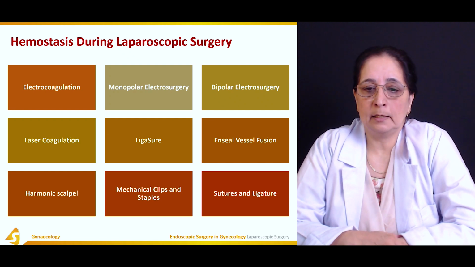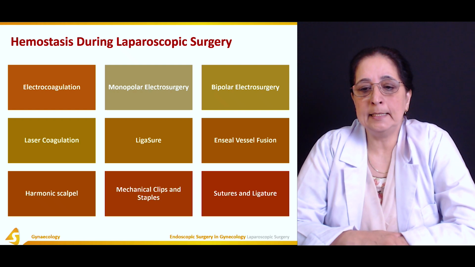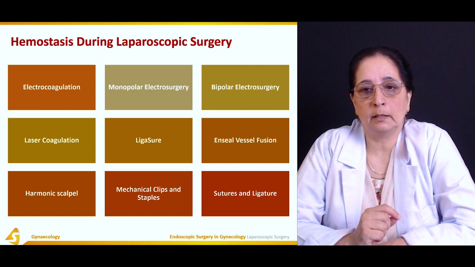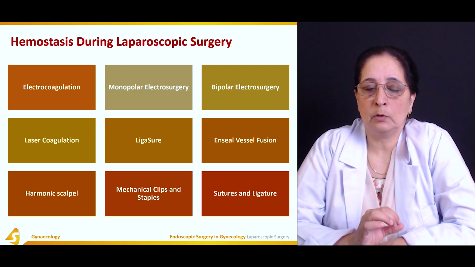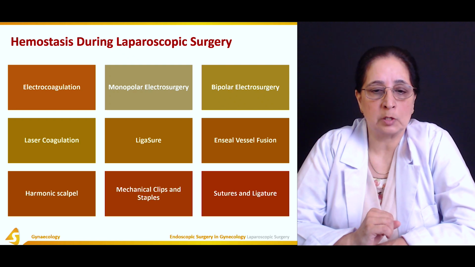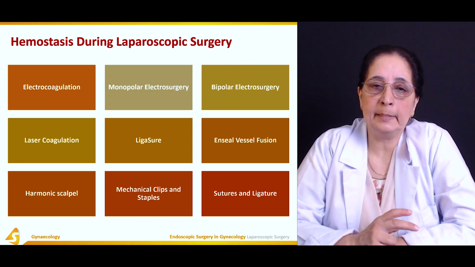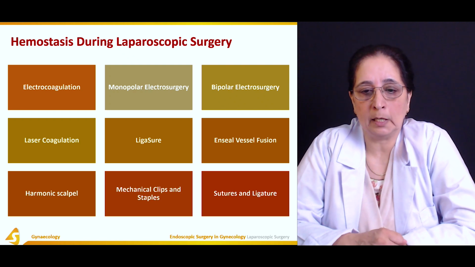Ligature is another method to control blood loss, and seal the vessel. This is done to close the vessel, so blood loss will be reduced. And then we have the harmonic scalpel. The scalpel is the instrument to clamp the bleeding vessel, so this is also used to control the blood loss.